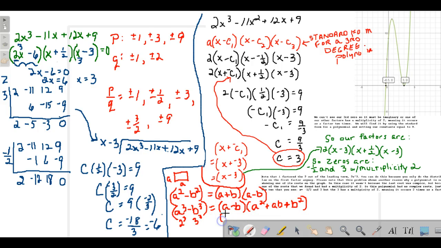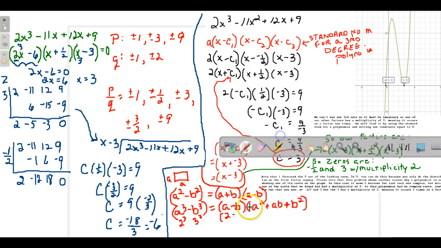So it would be 2 minus 3, 2 minus B. Let me move this up here. So it'd be 2 minus 3 times 2 squared plus 2 times 3, which is 6, plus 3 squared, which is 9. And you could simplify that. But that's what it would factor to.